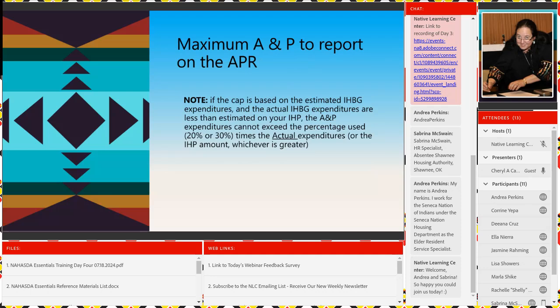So the maximum A&P to report on the APR, if your cap is based on your estimated IHBG expenditures and your actual expenditures are less than what you estimated on your IHP, the APR expenditures cannot exceed the percentage used, 20 or 30% times your actual expenditures or the IHP amount, whichever is greater.